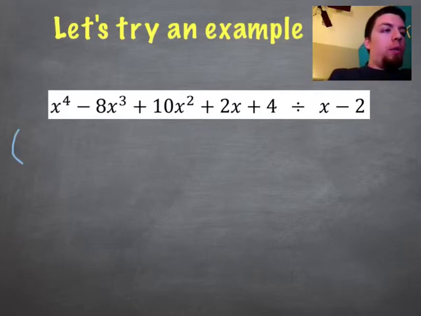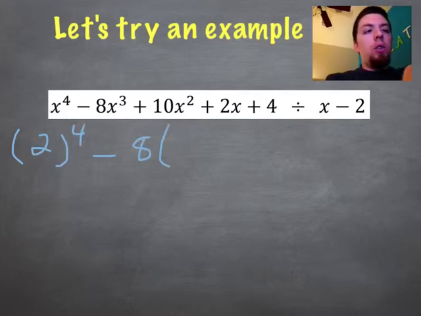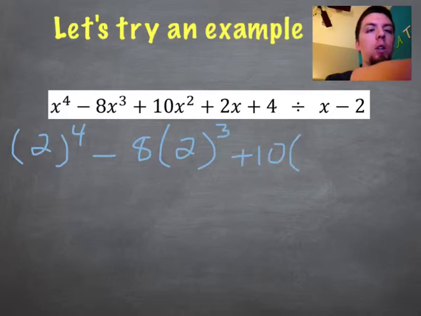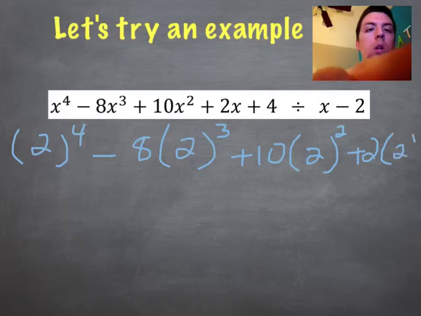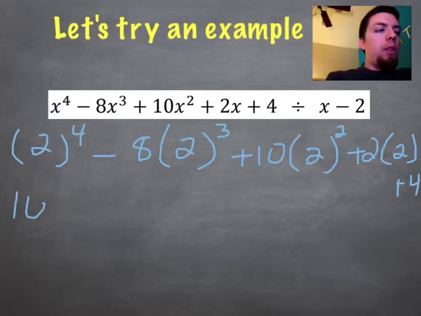So that means we have 2 to the 4th minus 8 times 2 cubed plus 10 times 2 squared plus 2 times 2, and then plus 4. Okay, so 2 to the 4th is going to be 16.